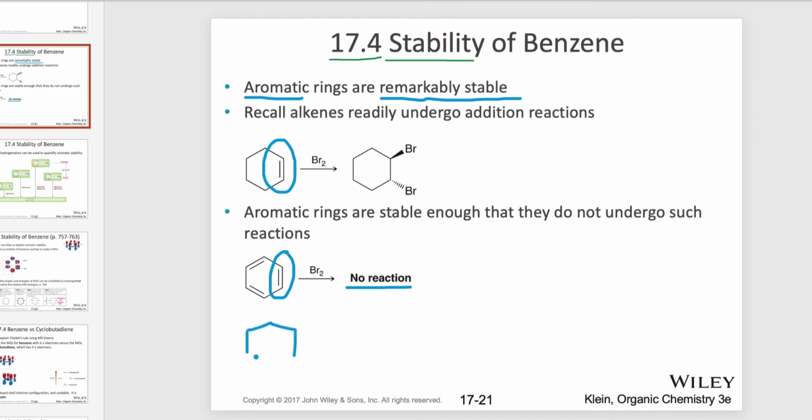I'm going to copy benzene over. I'm going to write a reaction arrow. And now I will use, again, Br2.